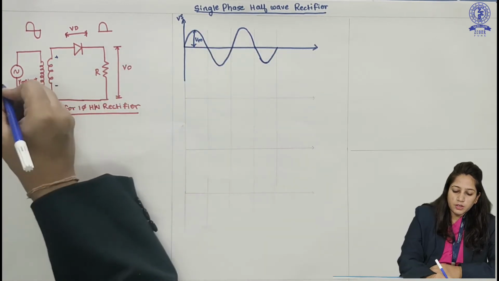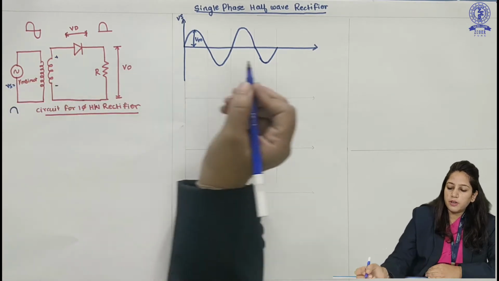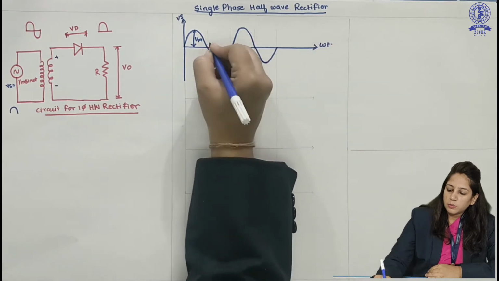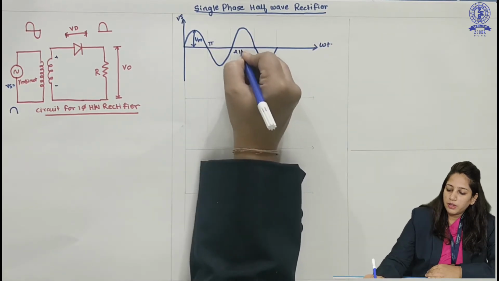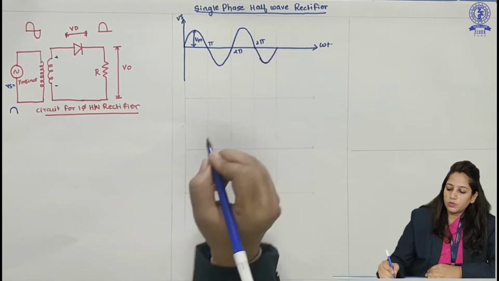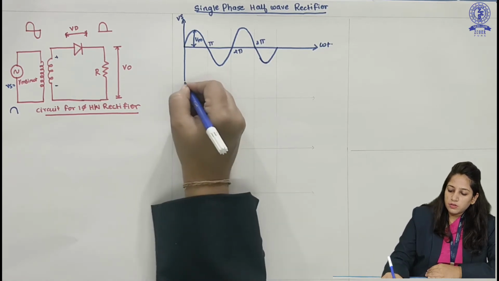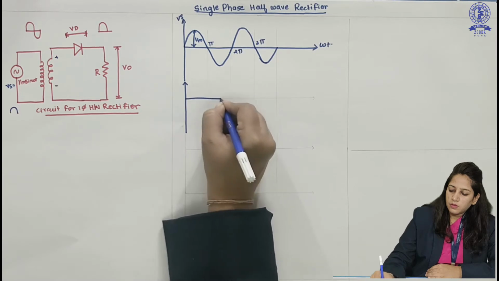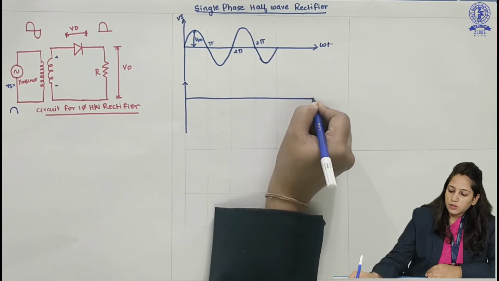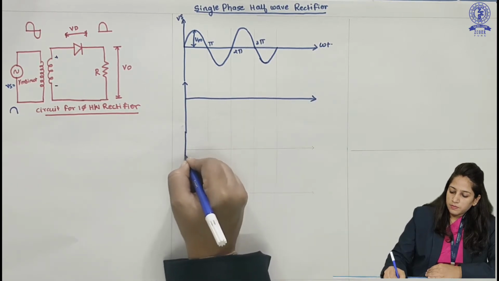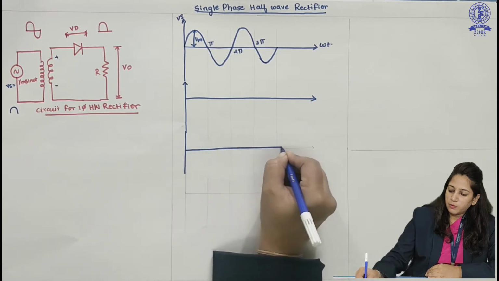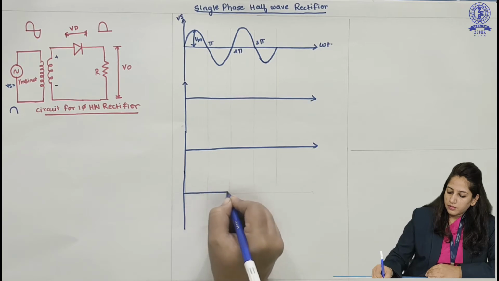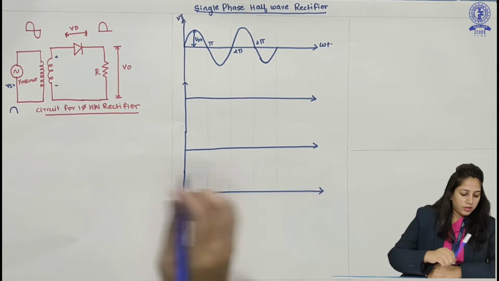So this is an input sine wave, Vs is equal to Vm sin omega t. Suppose this will be pi, 2 pi, 3 pi, and so on. We will consider several other waveforms also.